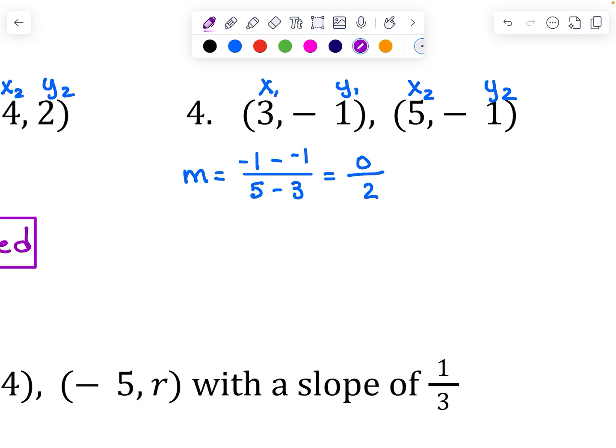If you have 0 in your numerator, your answer is just going to be 0. 0 in the denominator, your answer is undefined. So that is how we are going to find the slope given 2 points. And we're going to do a lot of practice with this as well.